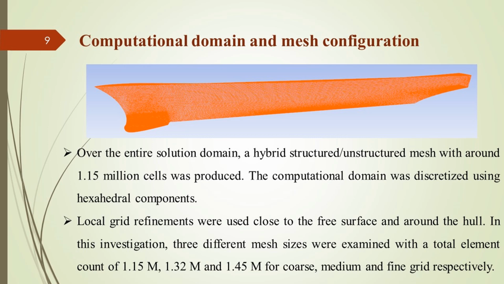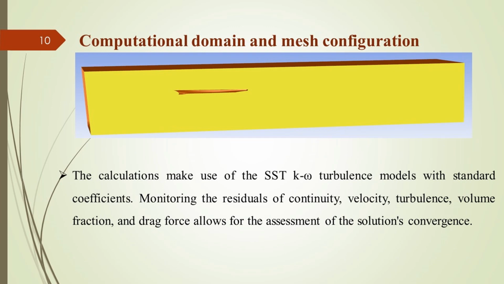For meshing, we use structured and unstructured mesh, around 1.15 million cells, in the computational domain using hexagonal components. We use 3 meshes, coarse, medium, and fine, with total element counts of 1.15, 1.32, and 1.45 million for coarse, medium, and fine grids.